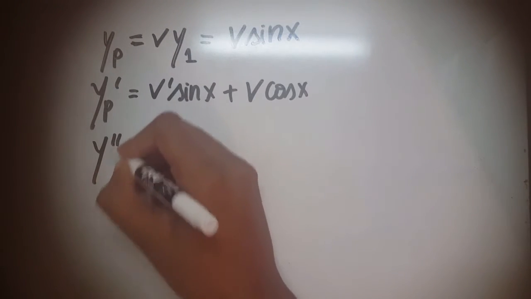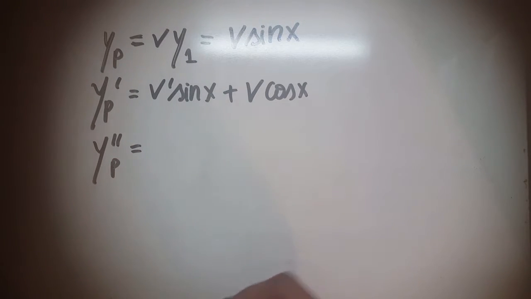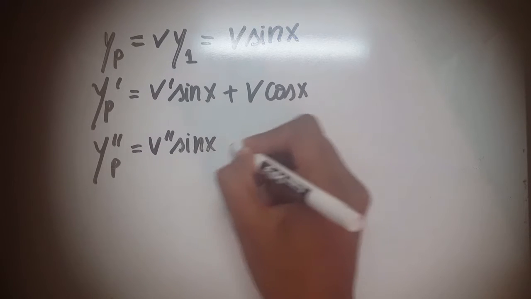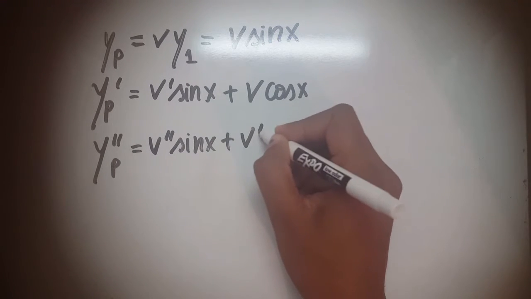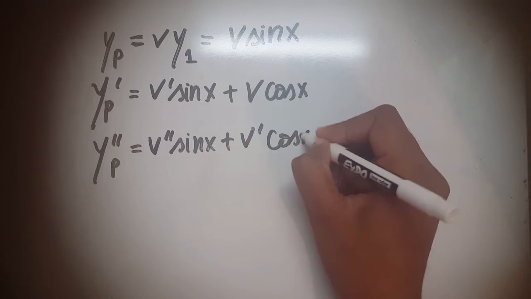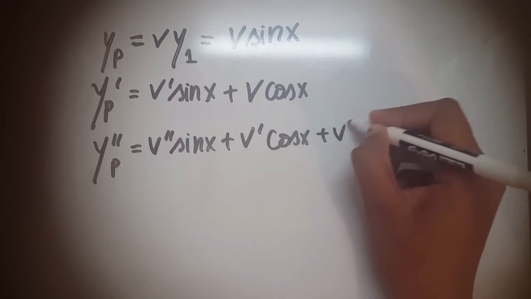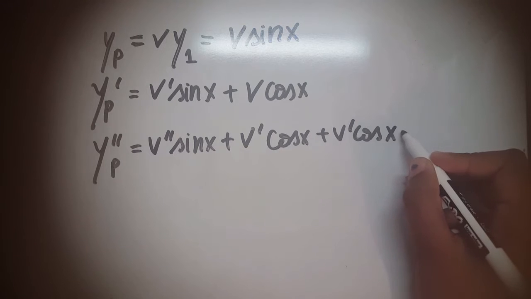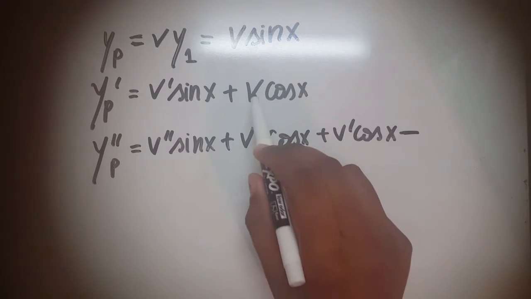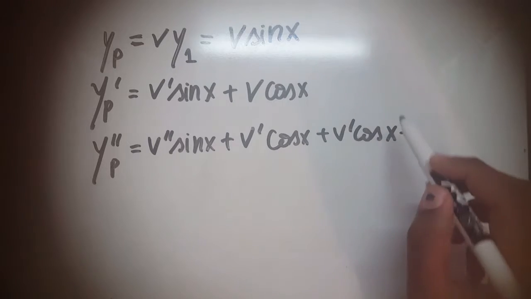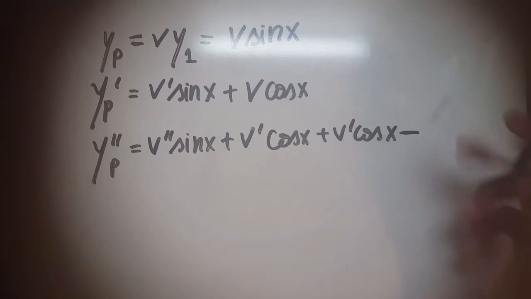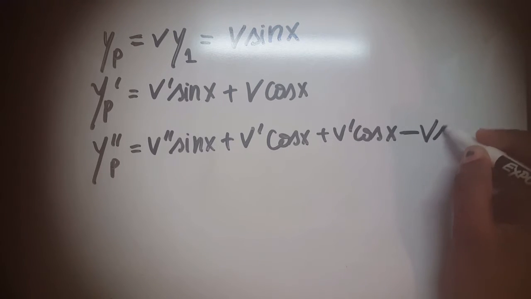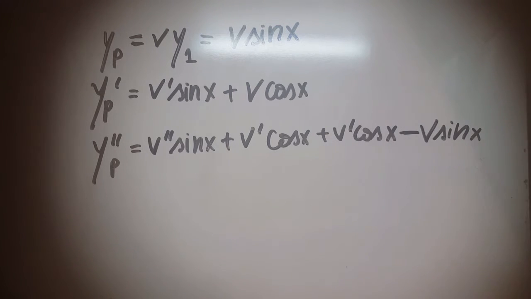Then y double prime of p would be, with a minus because the derivative of cosine is negative sine, v times sine of x.